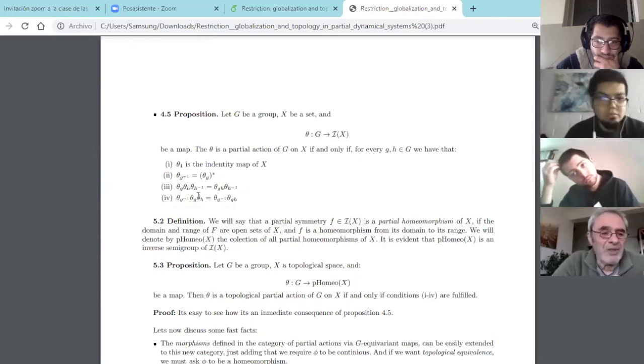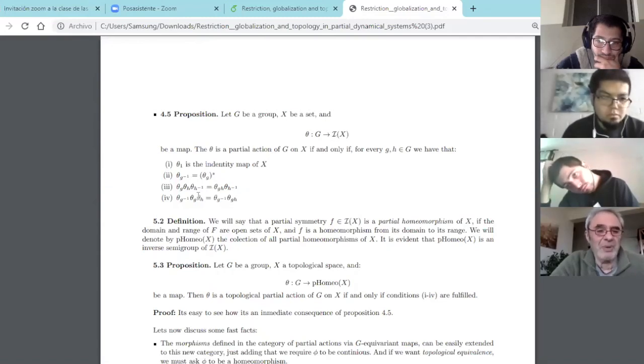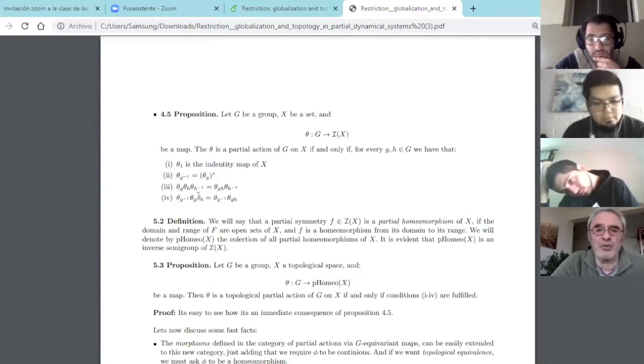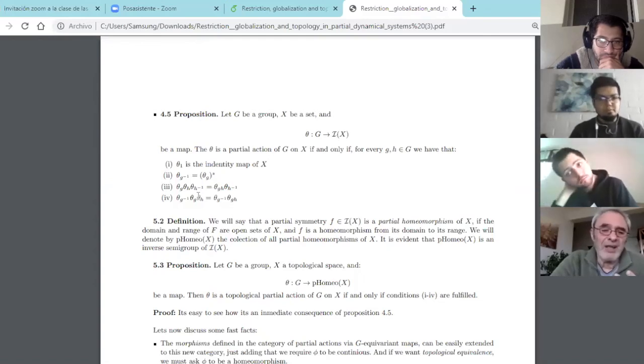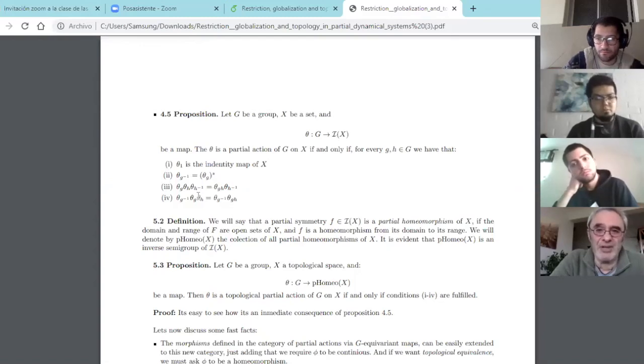Somehow you should say that the two objects, theta g times theta h and theta g times h, become equal, let's say, shadowed, protected by theta h minus 1, which should be understood as being in the range of this application, which is to the right. And you can interpret equation 4 in the same way. You have an equality of two objects which are not equal unless you project, or restrict to the left in a certain sense.